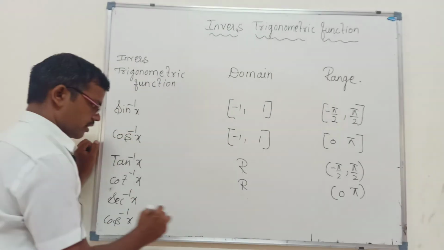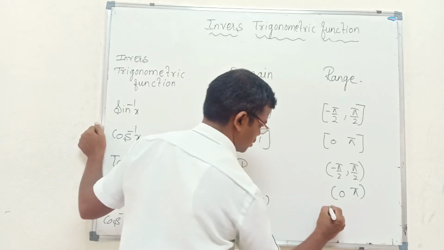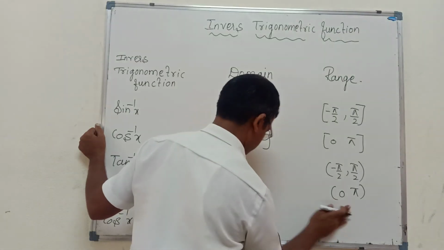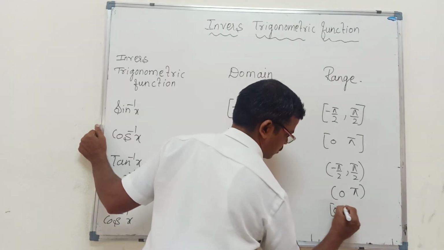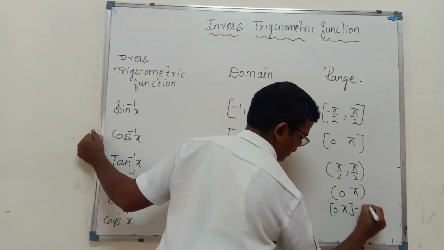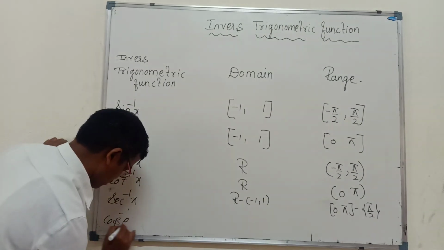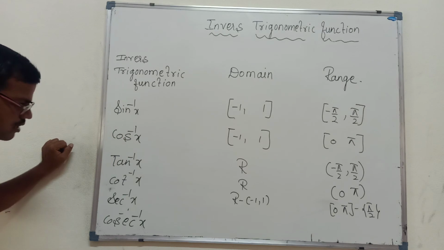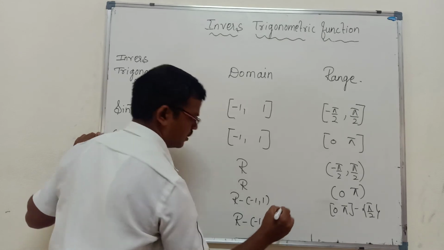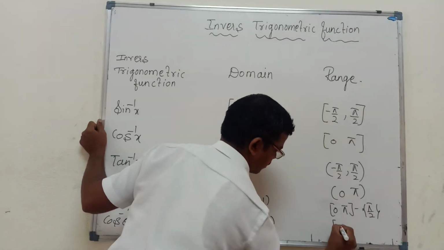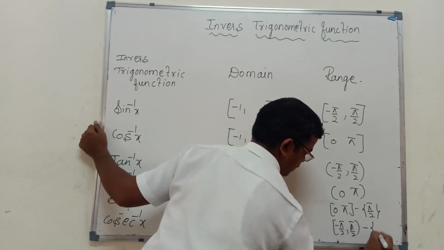For sec inverse, its domain is R minus (minus 1, 1) and its range is the closed interval 0 to pi minus pi by 2. And for cosec inverse x, its domain is R minus (minus 1, 1), and its range is the closed interval minus pi by 2 to pi by 2 minus 0.